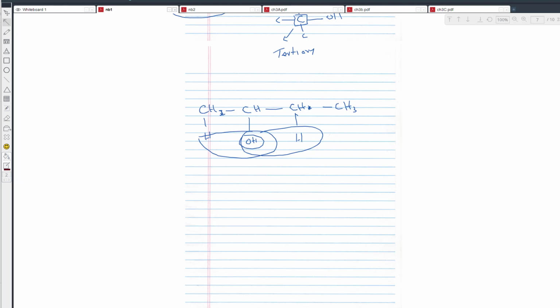Just like 2 hydrogens are on the third carbon, am I right? And on carbon 1, we have 3 hydrogens. So it's going to prefer to be removed from the third carbon.